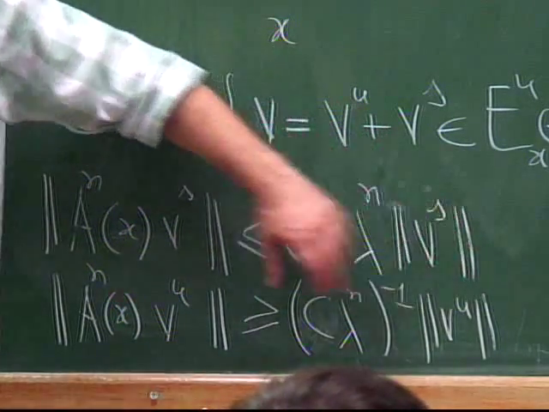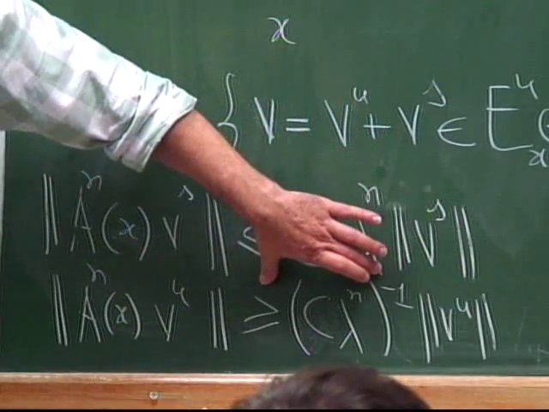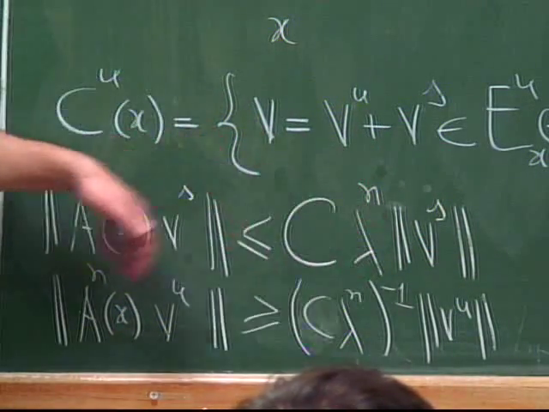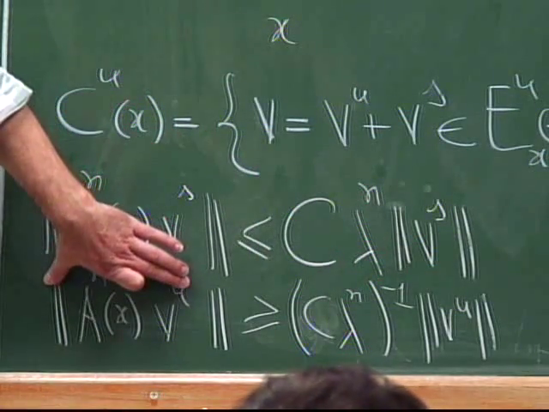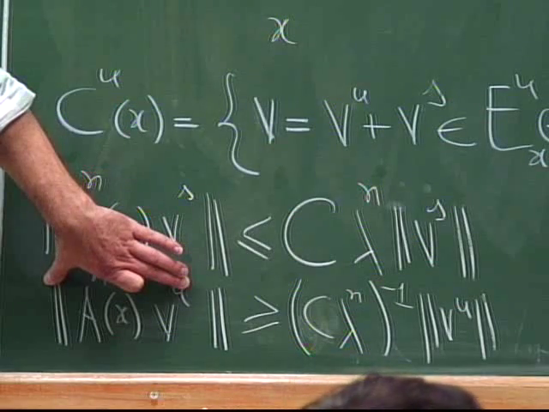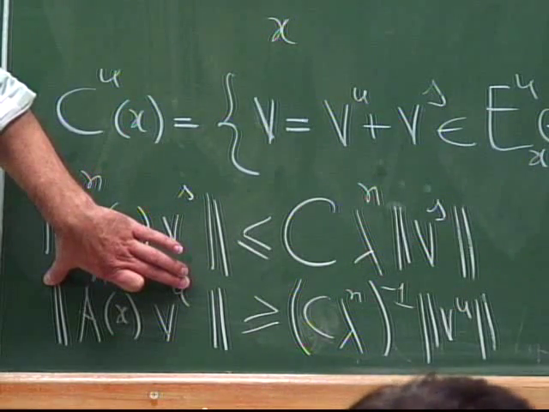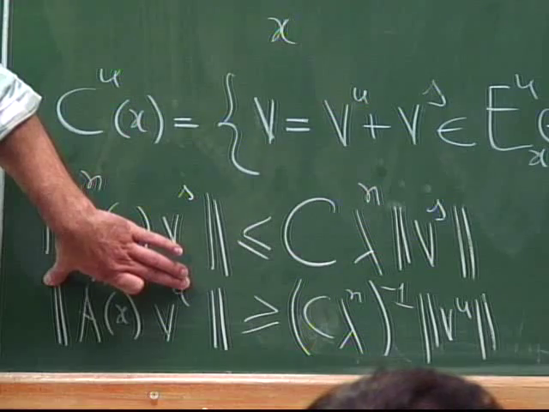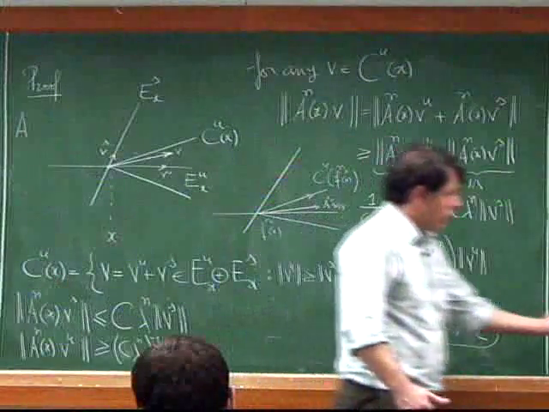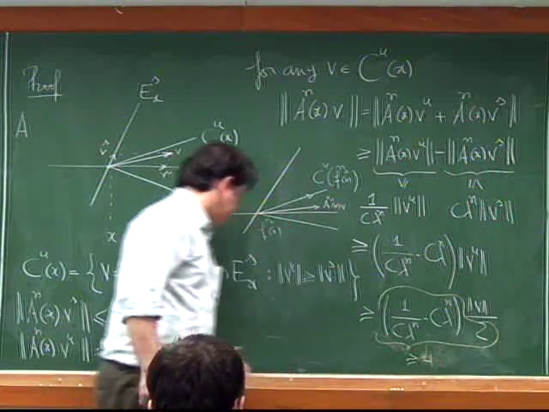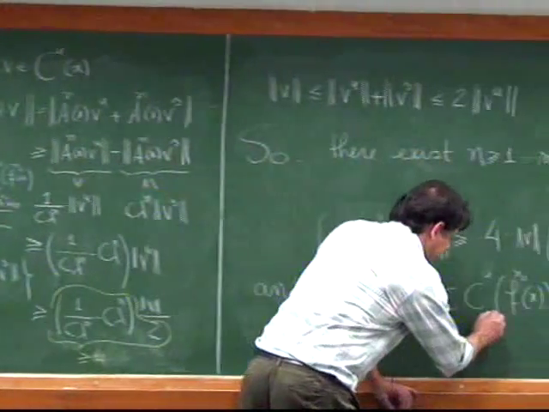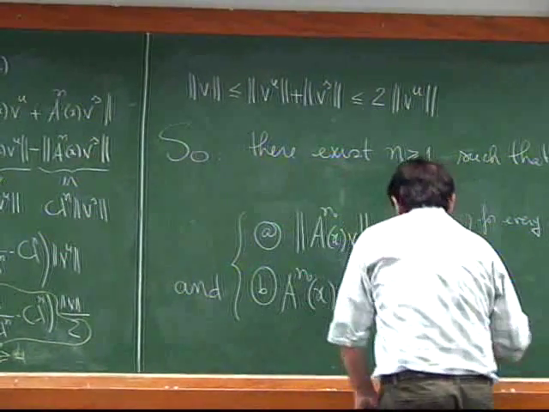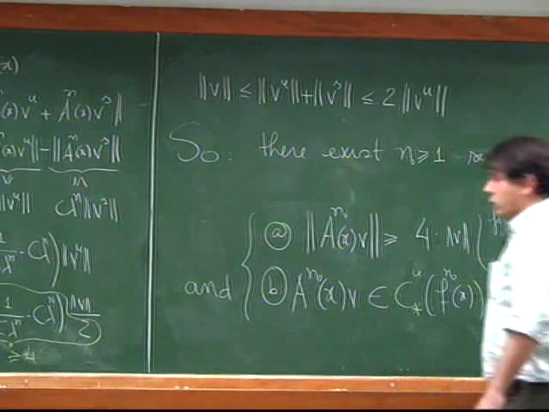The U component becomes bigger, strictly bigger. So at the end, after n iterates, this one is strictly smaller than this one. So I have much better than what I wrote there. Here I'm only saying that the stable component is less or equal than the other one. But I have much better, and I'm going to stress this by changing the cone. This is a different cone.